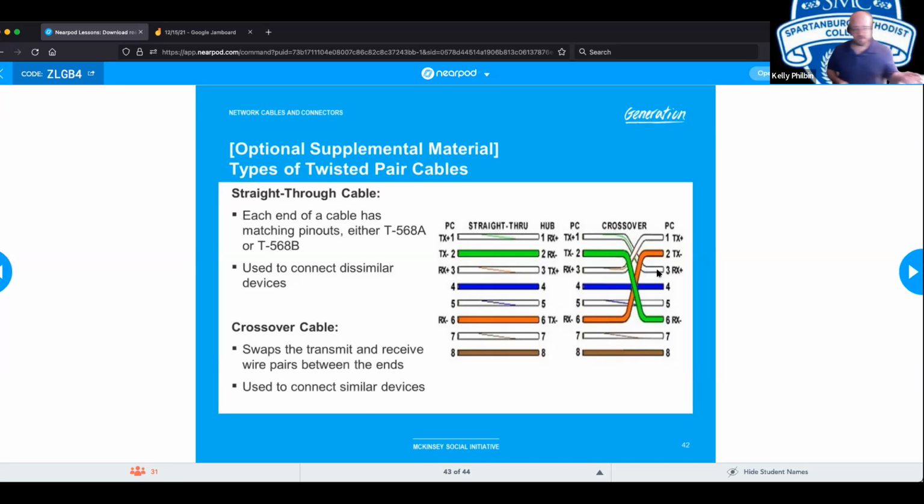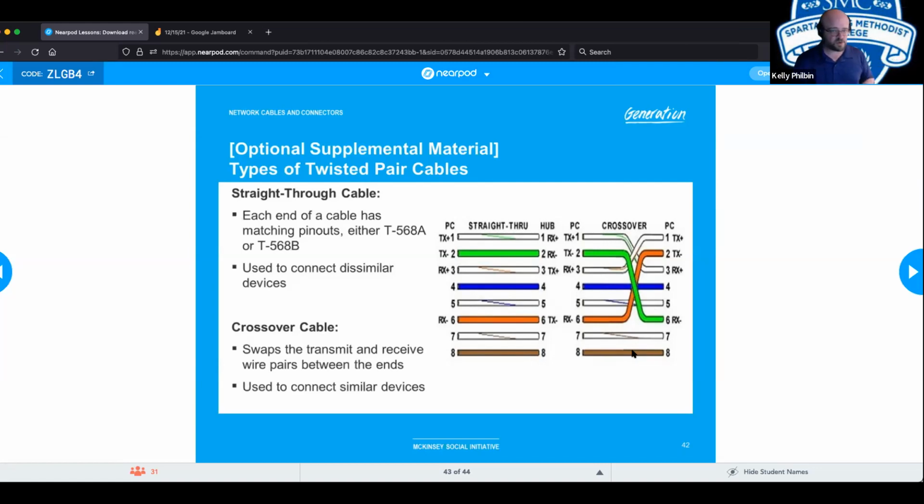Now, in the real world, crossover cables now also cross over the blues and the browns, because we now use all 8 pins. Back at the time this was going, we typically only used the 4, so you only crossed over 4 of them. Now they actually cross over all 8. Don't need to know that for the A+.